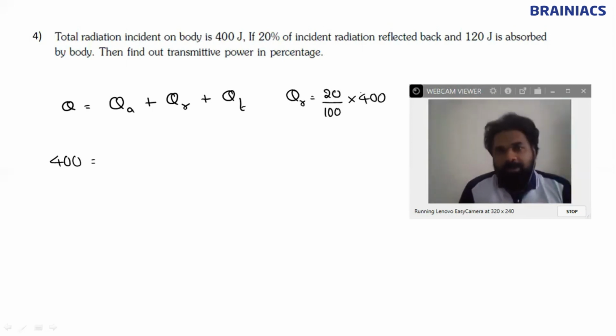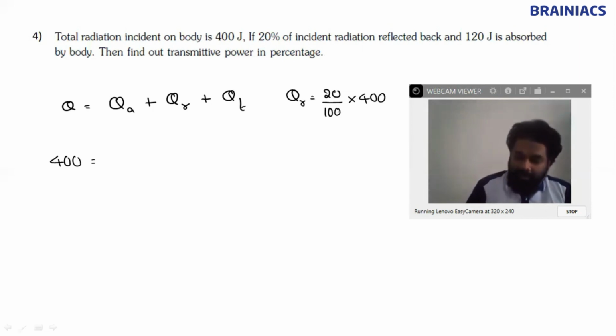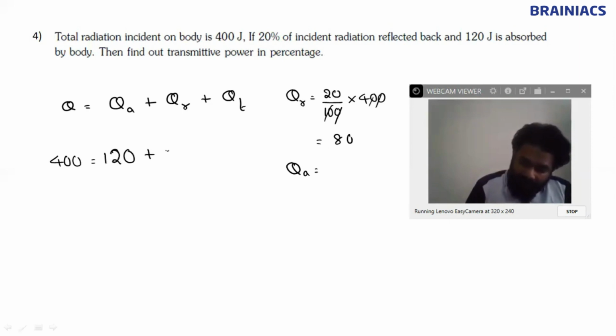This 400 is the total radiation, and 20 percentage of this 400 is 80. Qa is 120, absorbed by the body, that is directly given. So 120 plus Qr, that is 80, plus Qt. So Qt is going to be 200 joule.